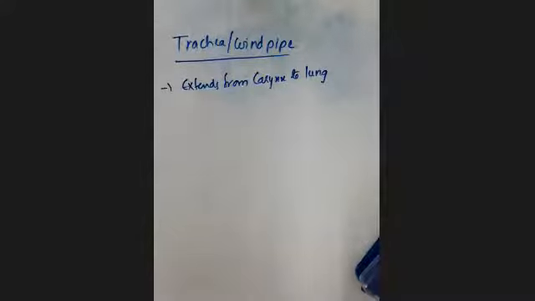It is mainly formed by 16 to 20 stacked C-shaped pieces of hyaline cartilage that are connected by connective tissue.